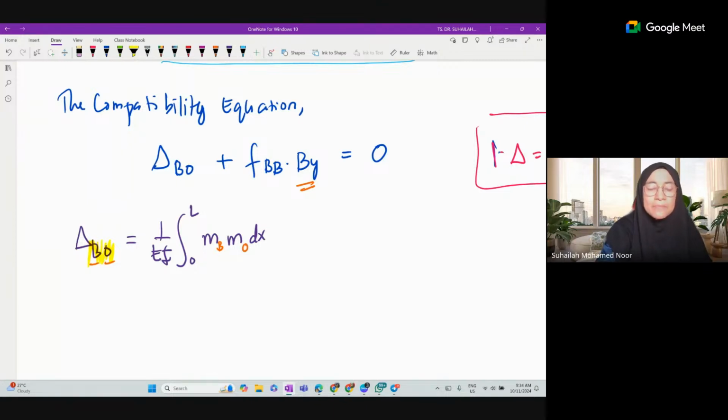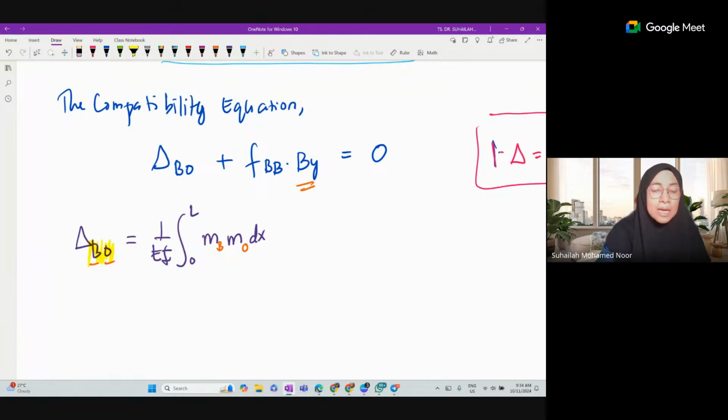Delta B naught is a displacement, and to get its value, we have to integrate two moment equations, which means it comes from two systems.